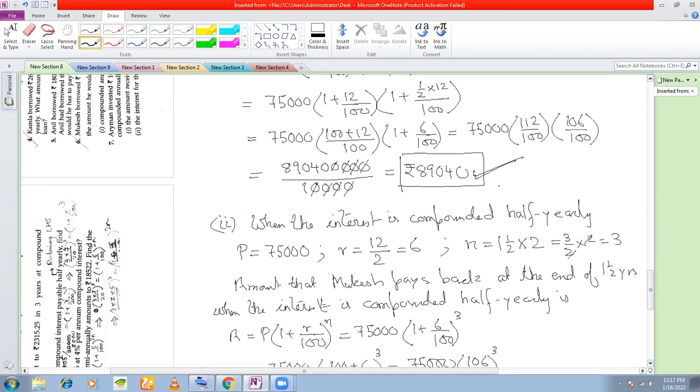So when you are receiving interest, always opt for semi-annual or quarterly schemes. But when you are paying back, you always opt for interest which is paid annually. Okay, fine. So let us move to the next question.